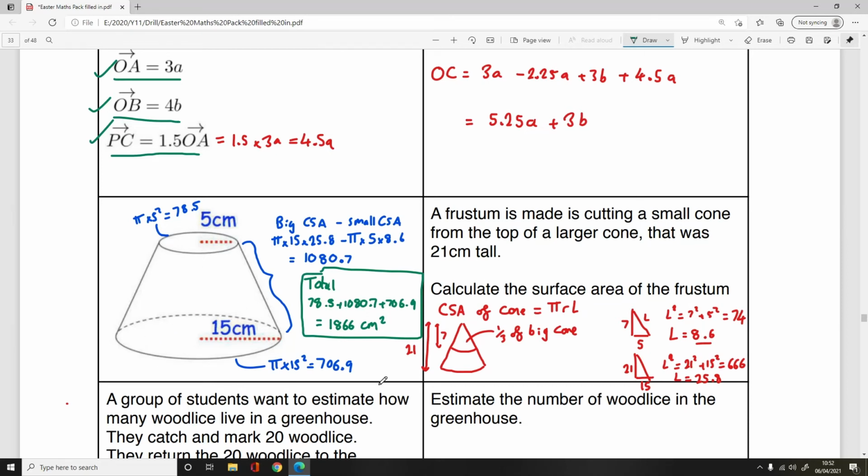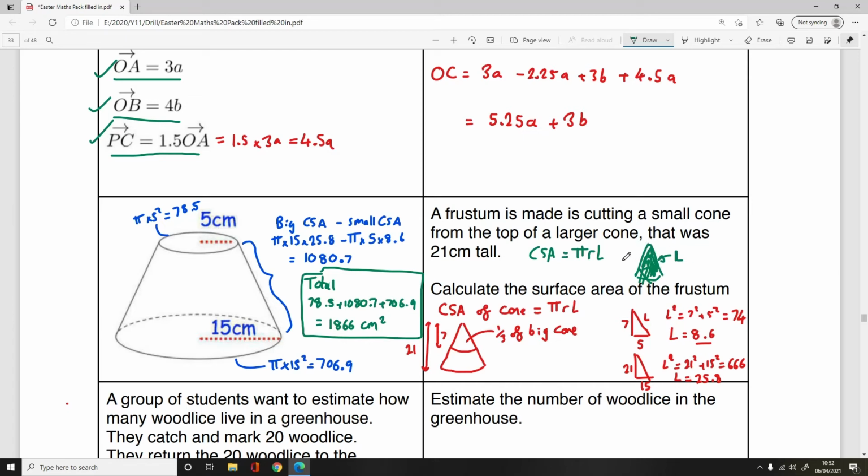Well, I did red first. So first thing I know, and this gets given to you in the exam to be fair, is that the curved surface area of a cone is pi RL. So that means if you've got a cone, then this bit, so not the bottom as well, but this bit on its own, is pi RL, where L is the length of the diagonal and R is the radius.